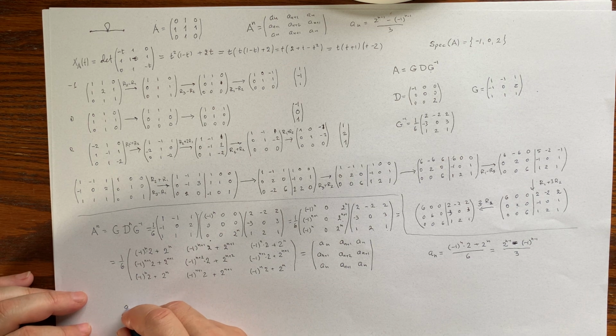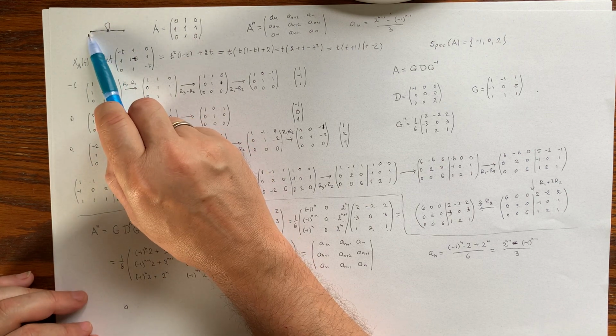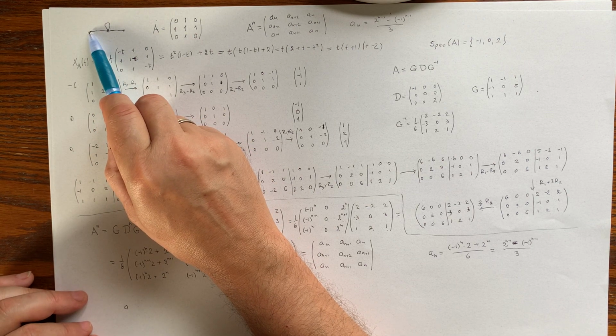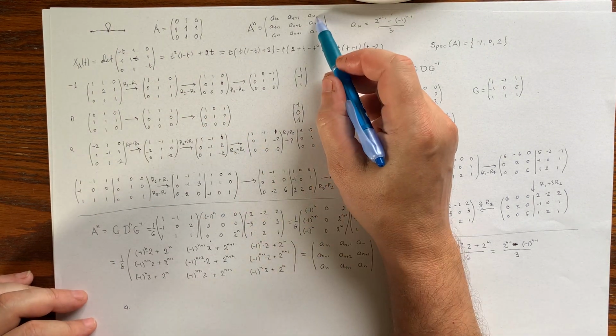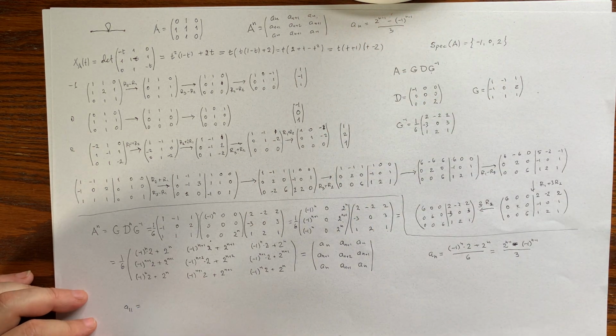So for example, we want to know how many paths in the graph are of length 11, say, starting at here and ending in this vertex, at this vertex. So that will be computed by A11, and by the formula, A11 is 2 to the 10th power minus -1 to the 10th power, which is just 1, over 3. So 2 to the 10th power is 1024 without 1 divided by 3.